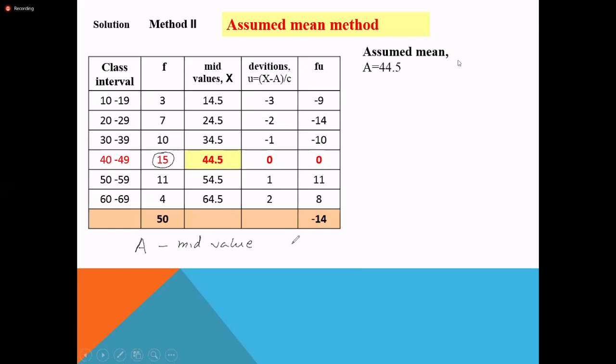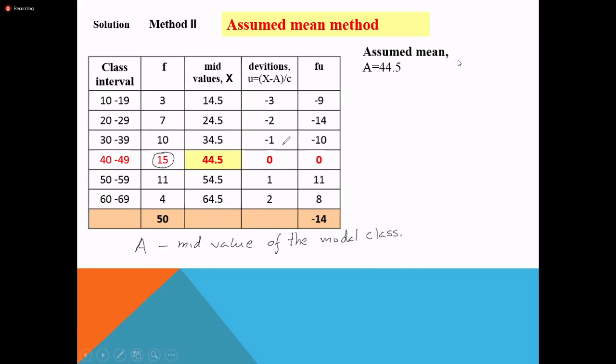That is the mid value of the modal class. Modal class means the class interval. That is how to take it. But you are free to take the mid value of any other class interval. But the answer is not different, right? The same answer is obtained even if A is taken as 24.5.